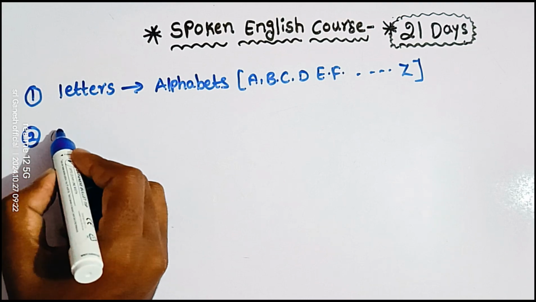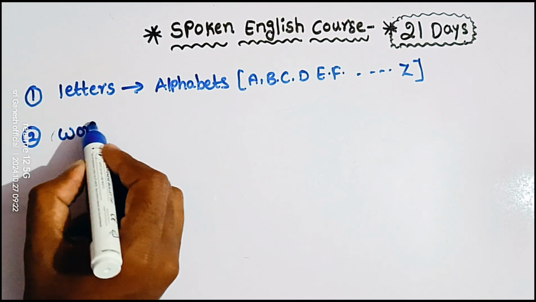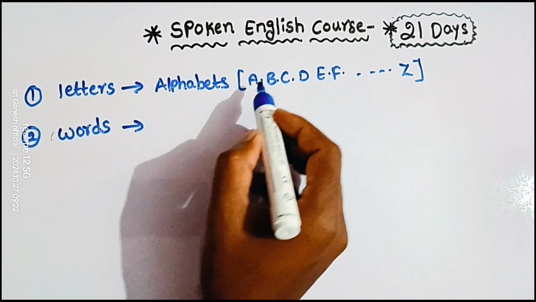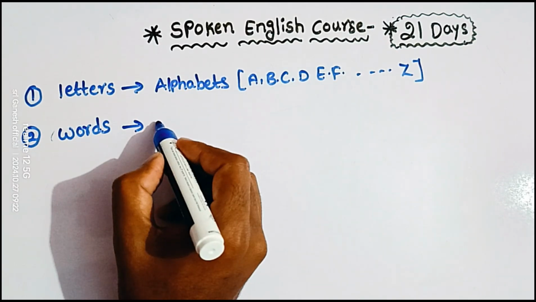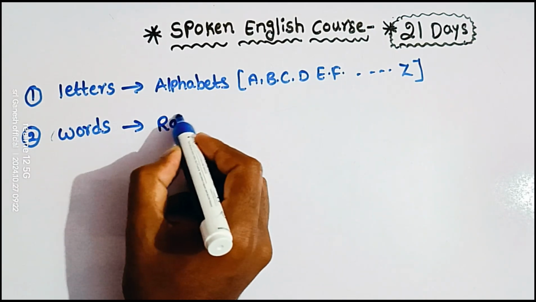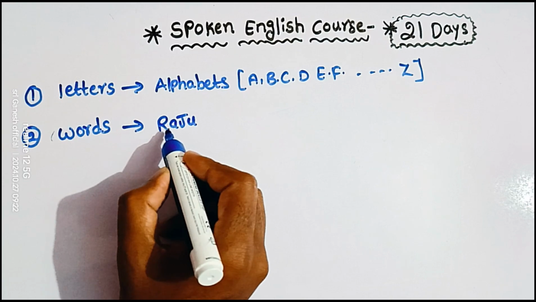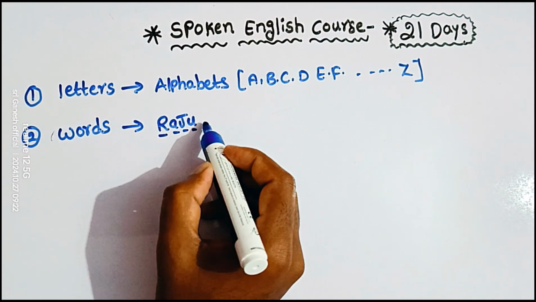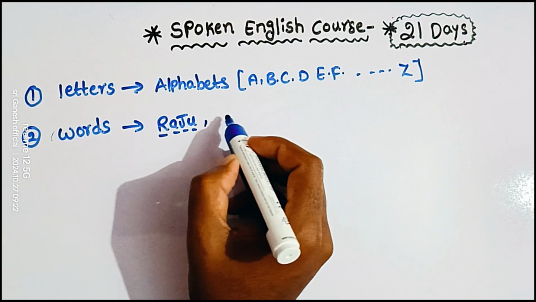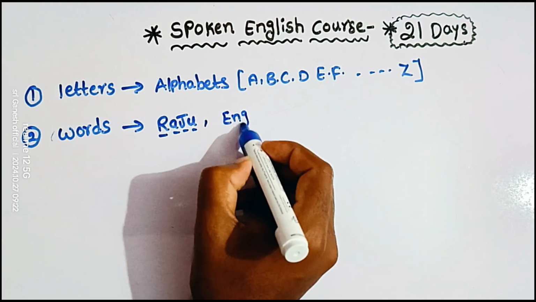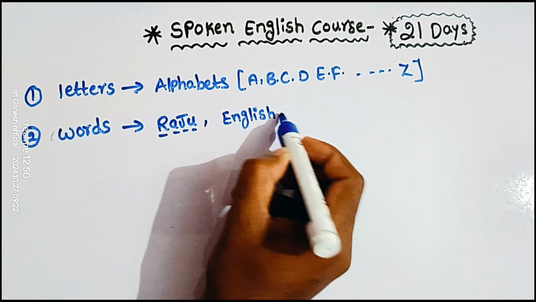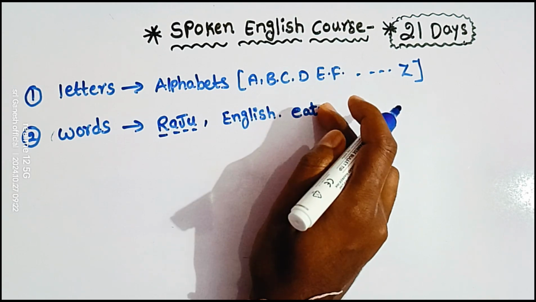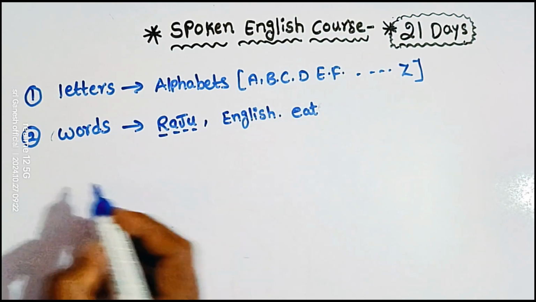And on the second day we learn words. For example, Raju. It is a combination of letters: R, A, J, U. It's called a word. English is a word. Eat is a word.